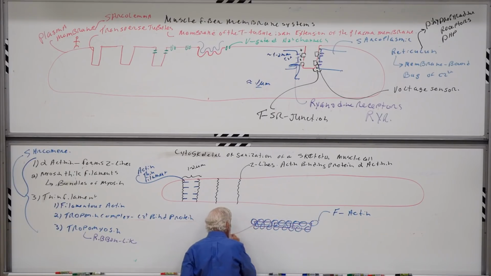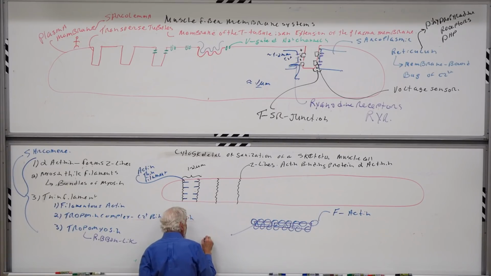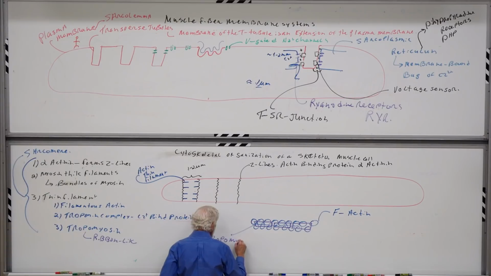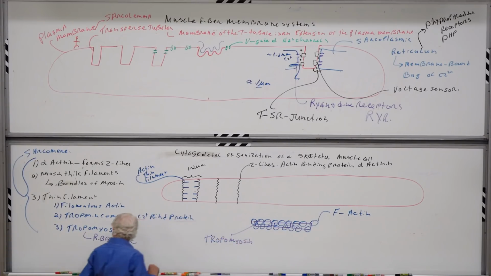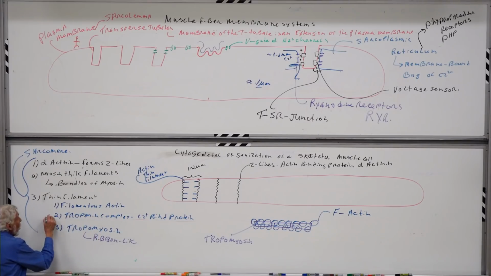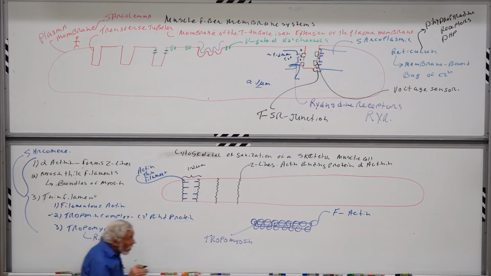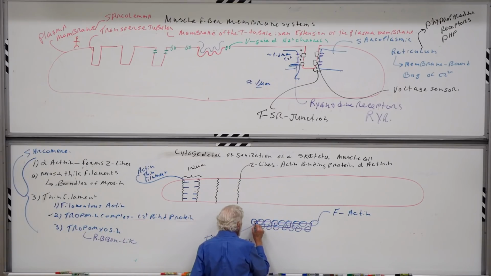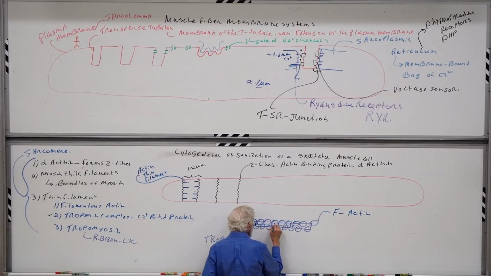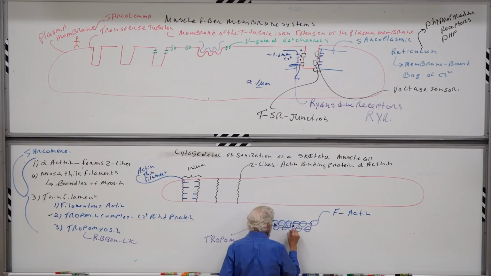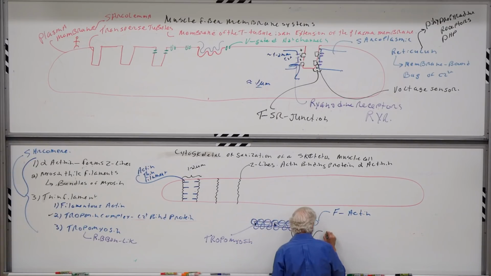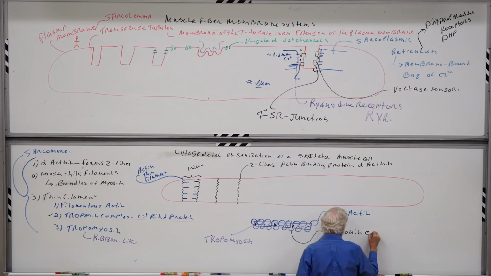So this purple structure is meant to represent the tropomyosin. The third character in this story will be the troponin complex, and each one of these tropomyosin molecules has attached to it, I'll show it in black, a troponin complex.